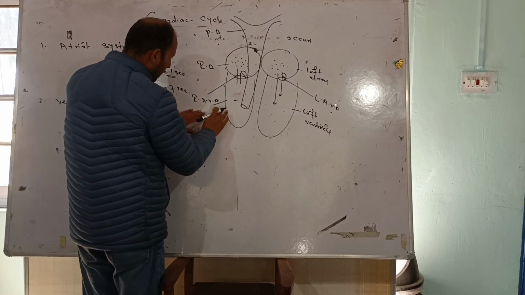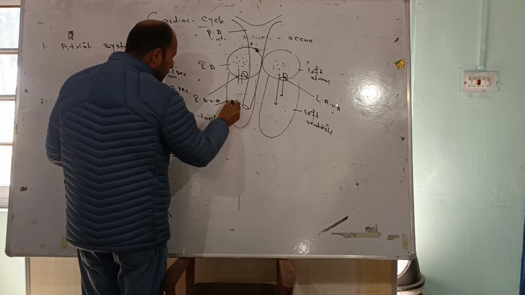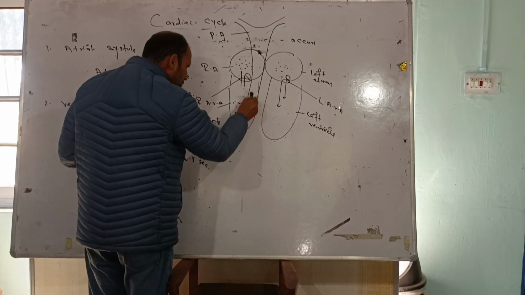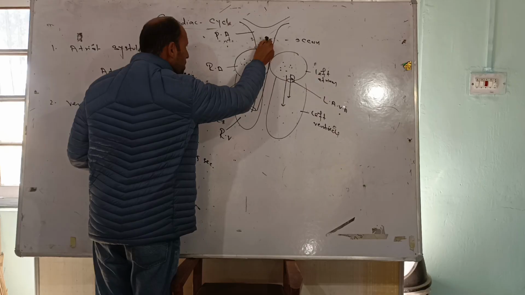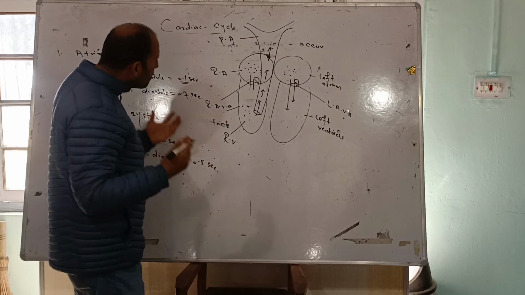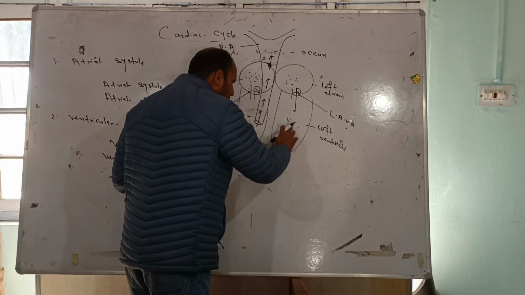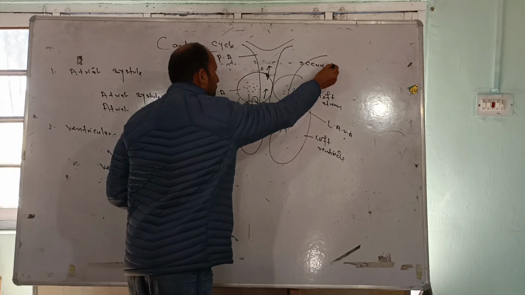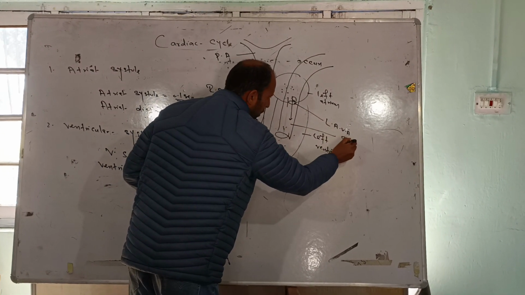When the right ventricle shows systole, the deoxygenated blood goes through this vessel, the pulmonary aorta, to the lungs for oxygenation. And simultaneously, when the left ventricle pumps the blood, from the left ventricle there is a big blood vessel we call the dorsal aorta, also called the systemic aorta.